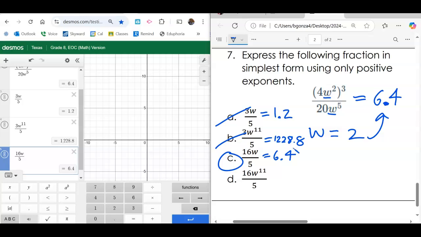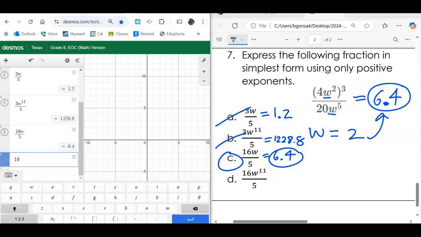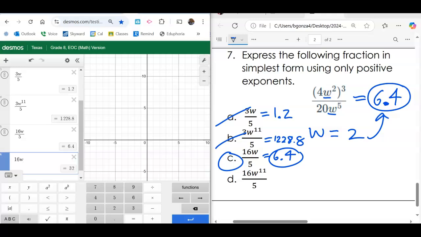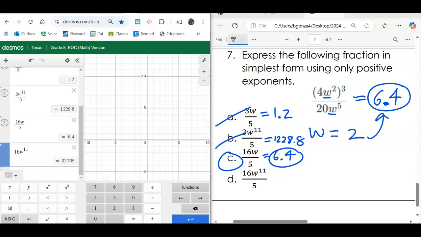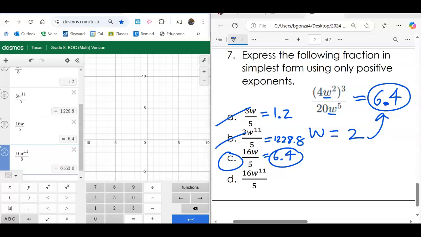You see how they're the same? 6.4. The original is 6.4. They match, right? I can do the last one real quick for funsies. That is not equal to 6.4, okay?